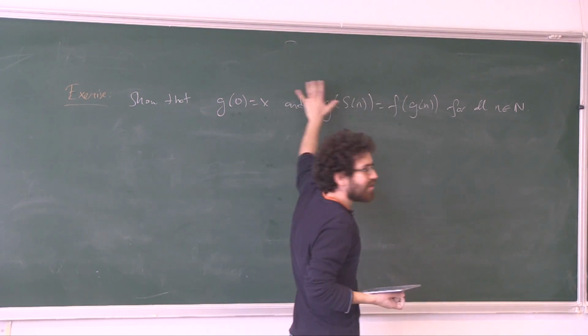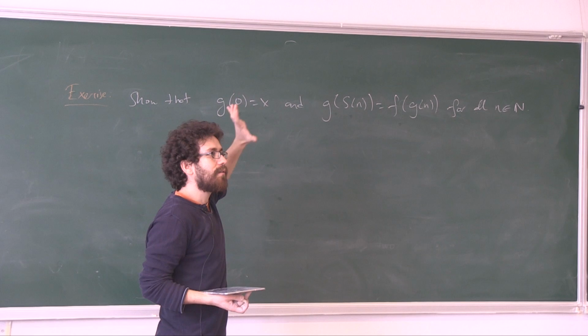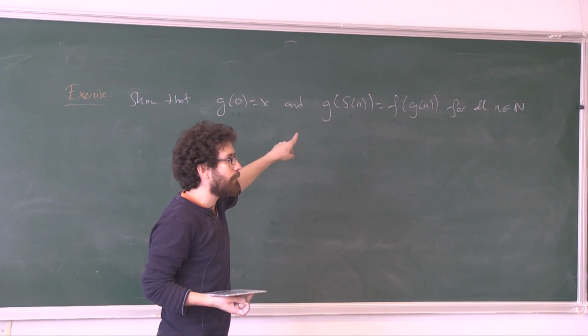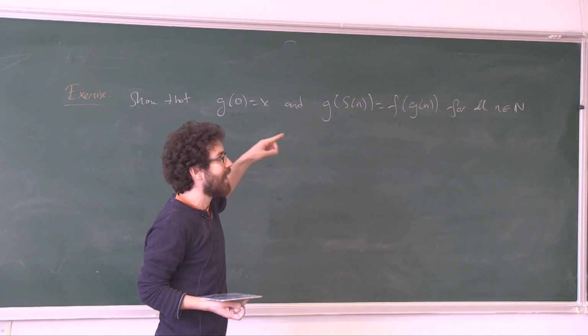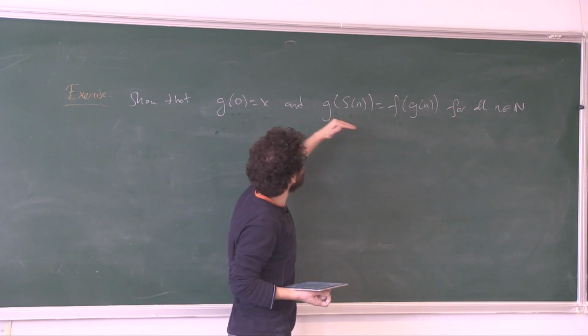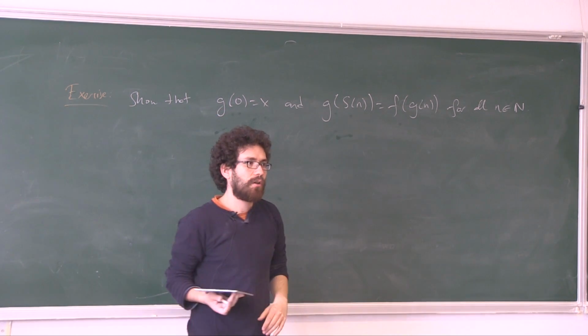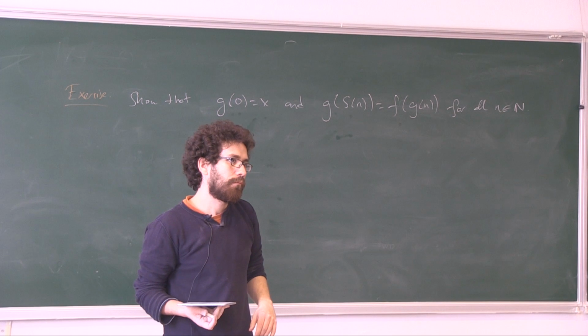Double check that the function g from natural numbers to x we constructed actually satisfies the properties we wanted to satisfy.